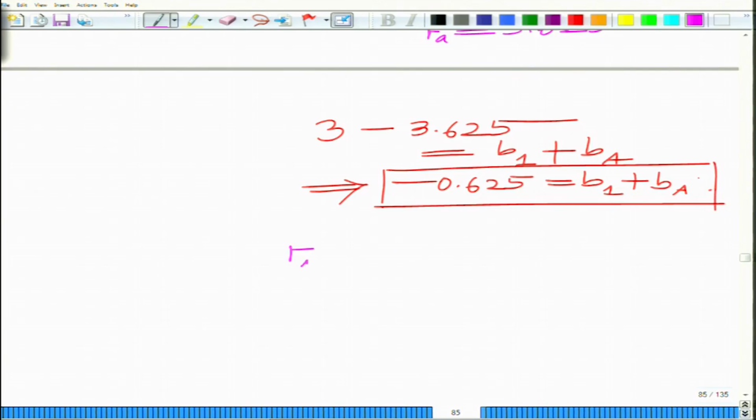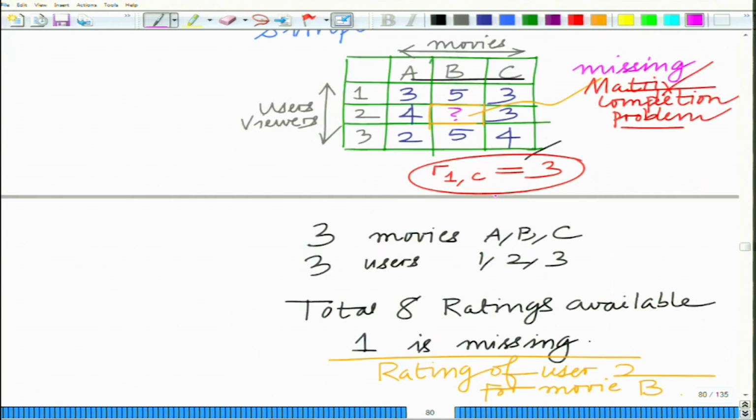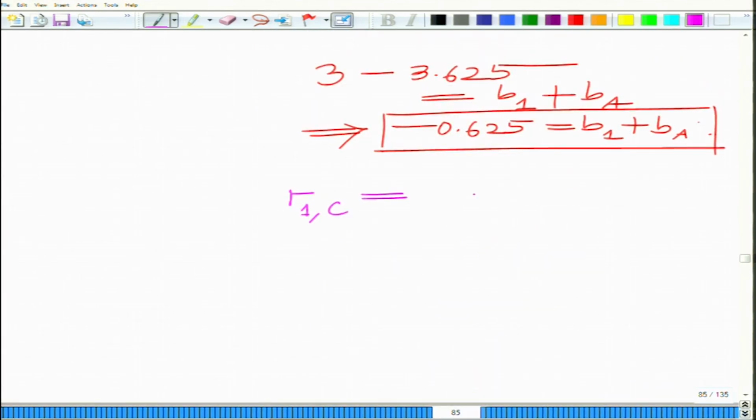Similarly, now let us consider the rating of user 1 for movie C. You go back and look at it, that is equal to 3. Let us consider the rating of user 1 for movie B, which you can see is 5.